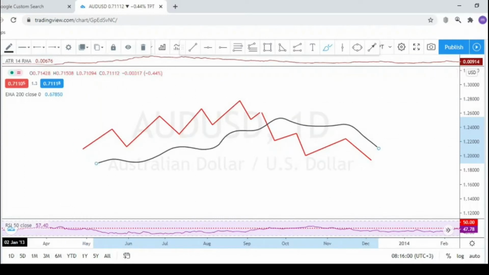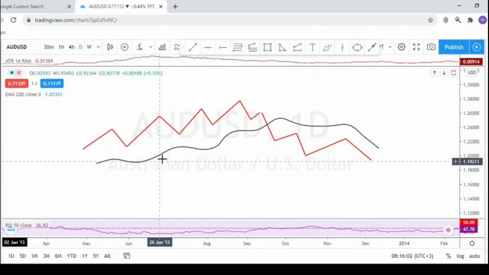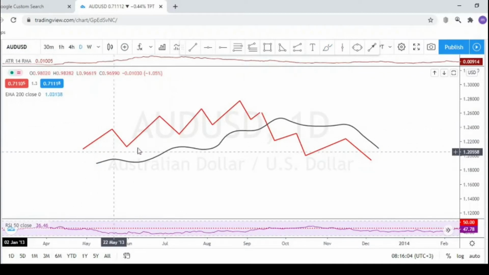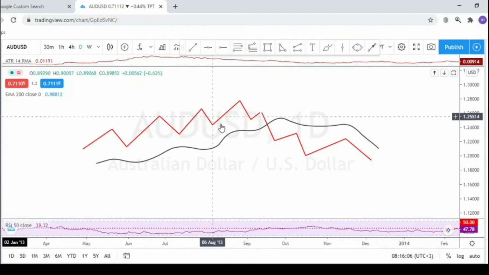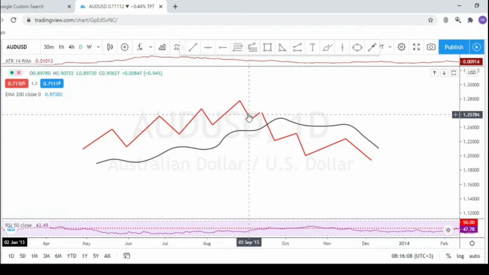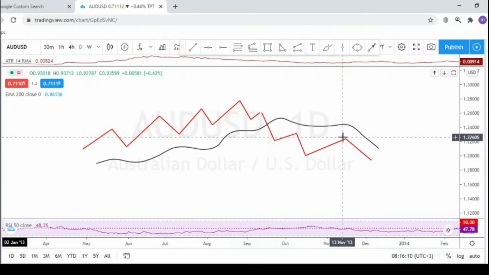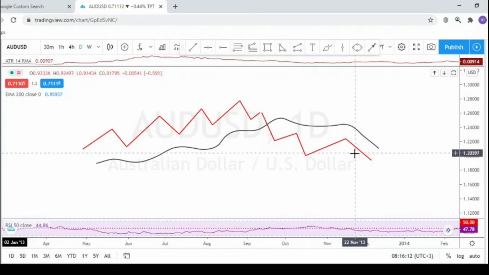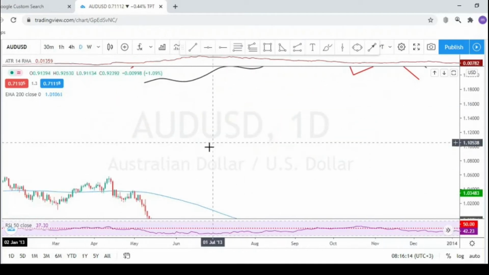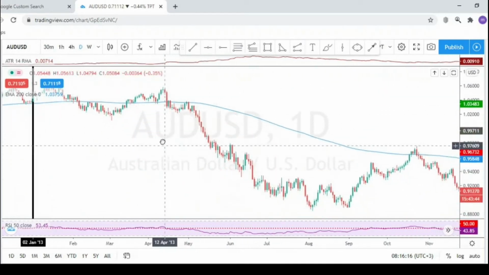Now when the market is above this moving average, then you consider this market to be in an uptrend, and if it is below the moving average, then you consider this to be in a downtrend. And that's how simple this strategy is.